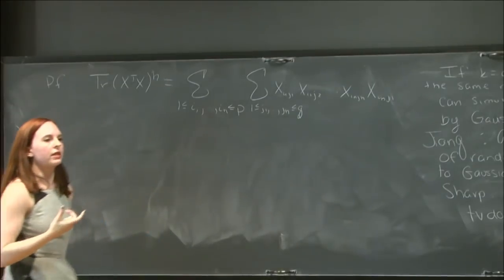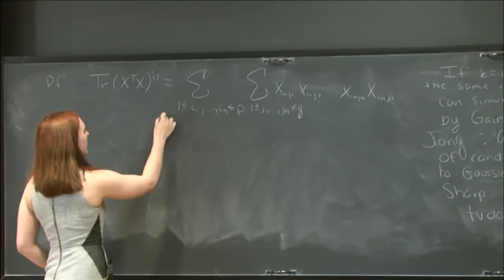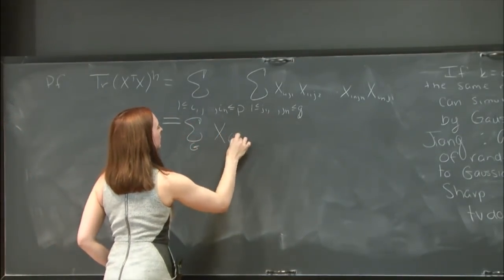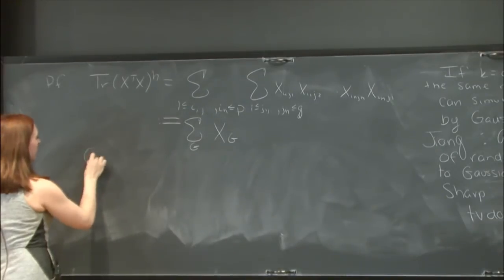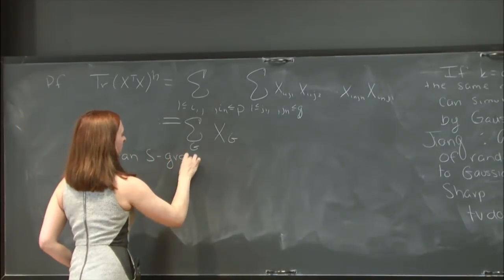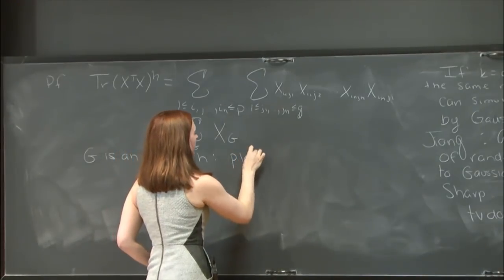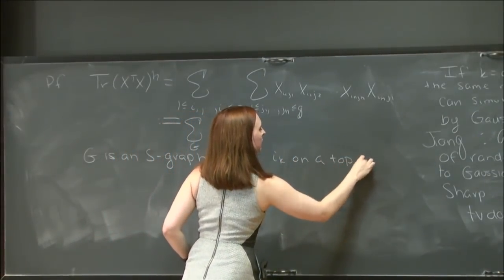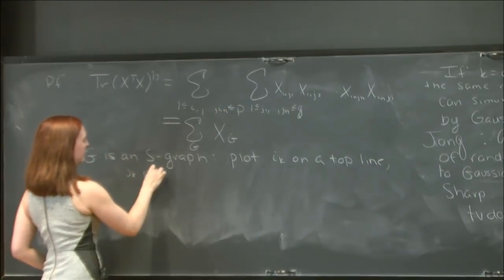Okay. So I'm writing the traces as products of these Gaussian random variables. Okay. And now I'll rewrite this as the sum over G of X_G, where G is an S graph. The way we define an S graph, we plot the i_k on a top line and the j_k on a bottom line.